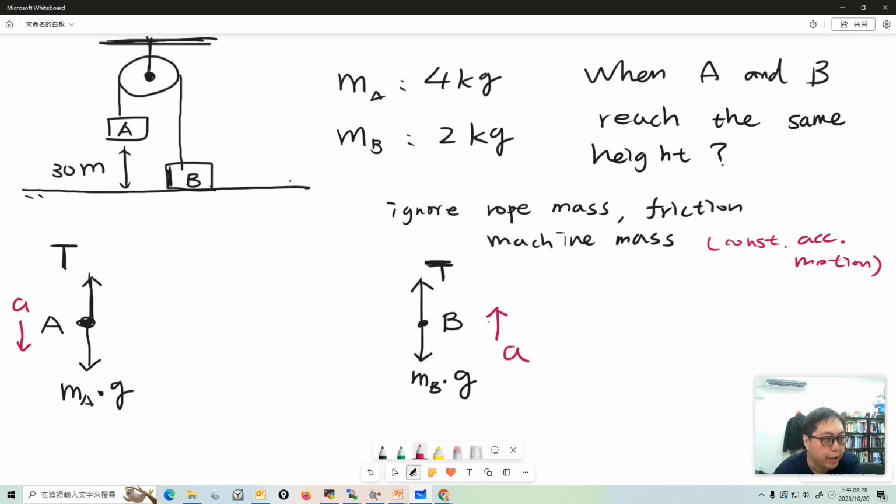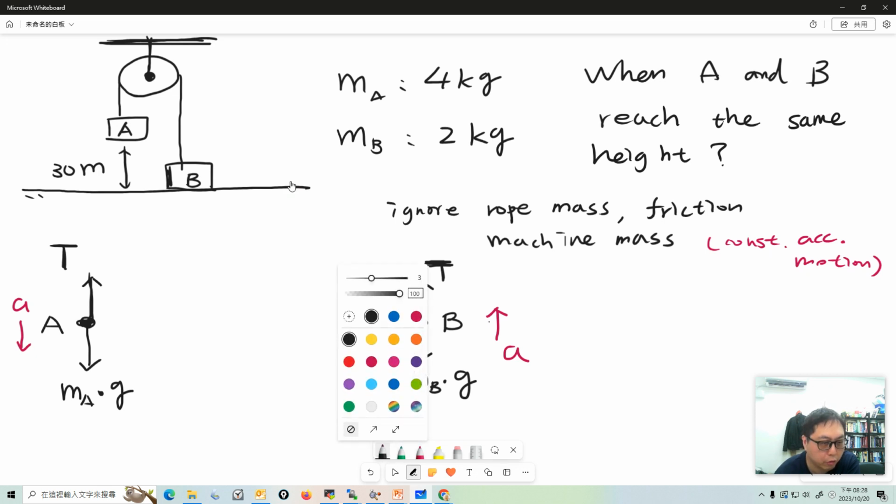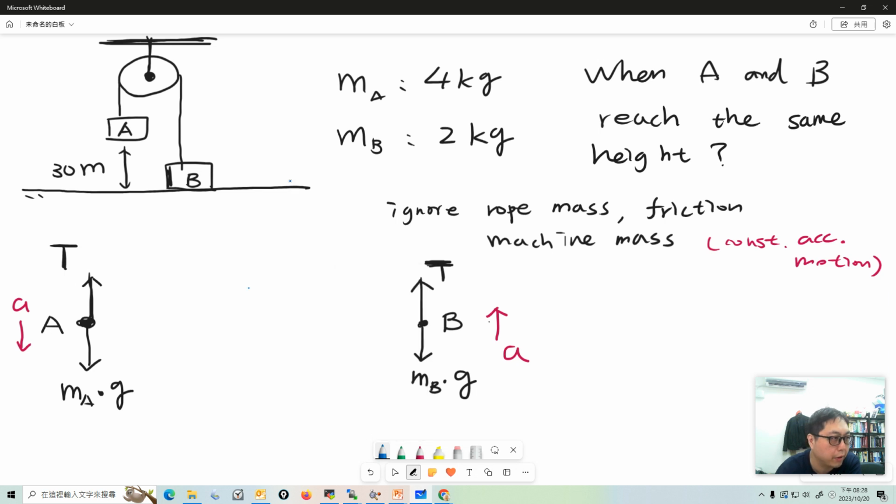In this system we set up the coordinate. Coordinate is very important. We don't have to write the y here.